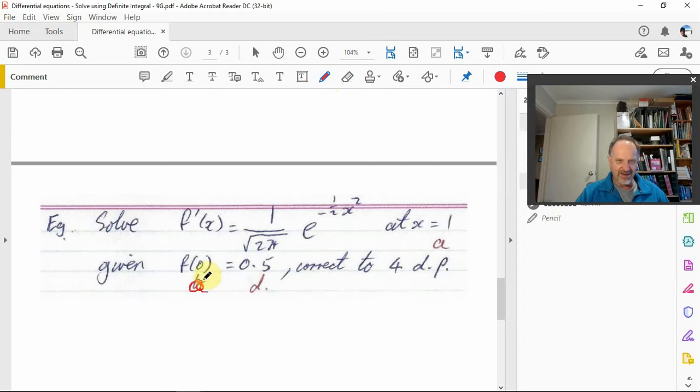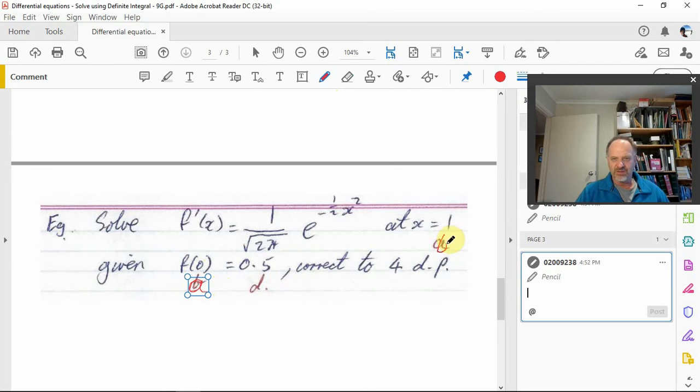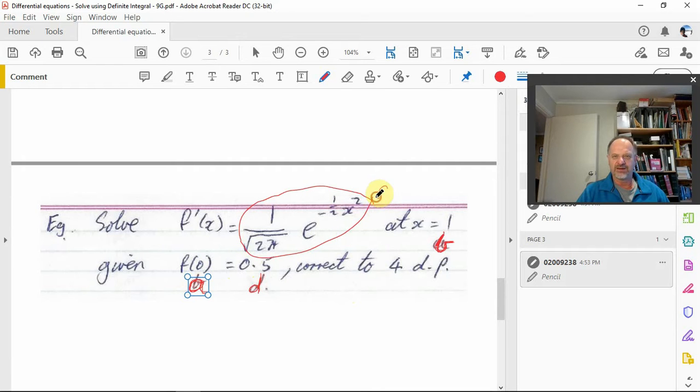So that's our A, and the x value we're wanting it at, that's our B. So I have to go back and alter my notes there so that I get that labelling correct. And then, of course, the y value at x equals 0 is the D. And, of course, all of this stuff here is that function that we're talking about, which, of course, is the gradient function.